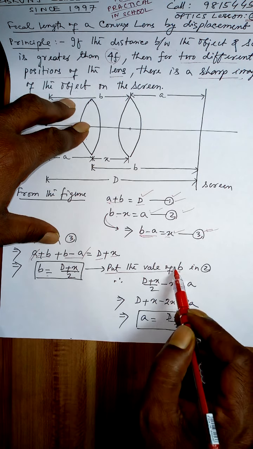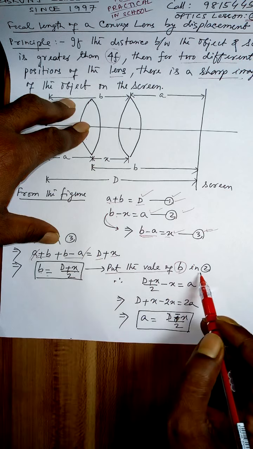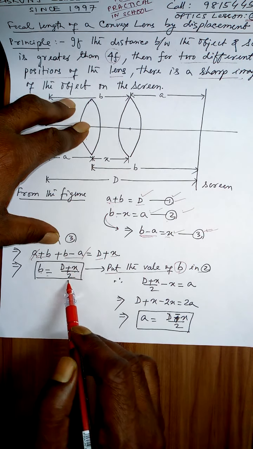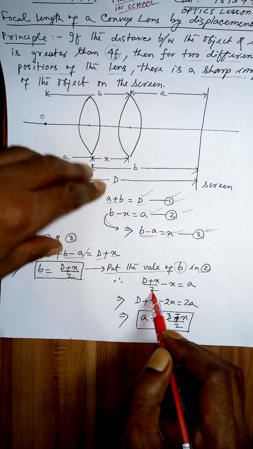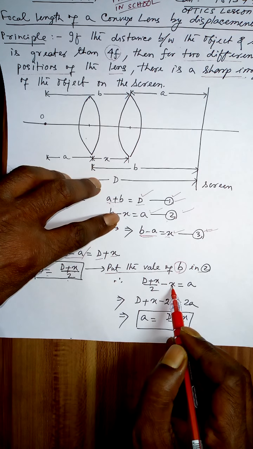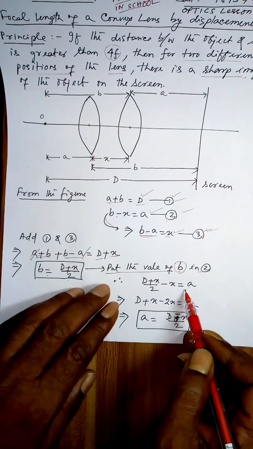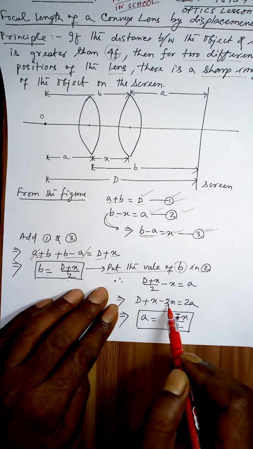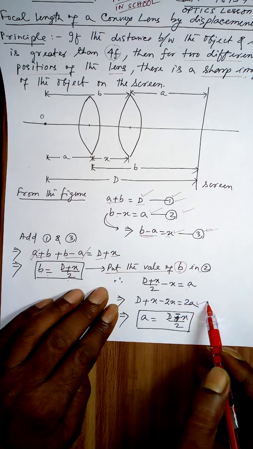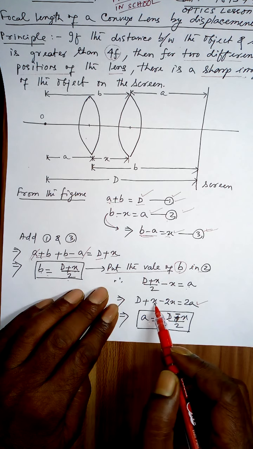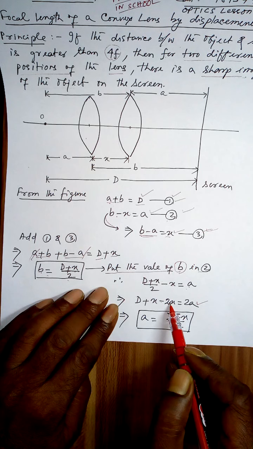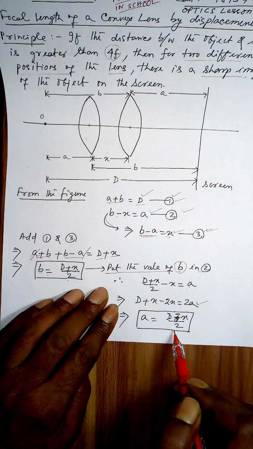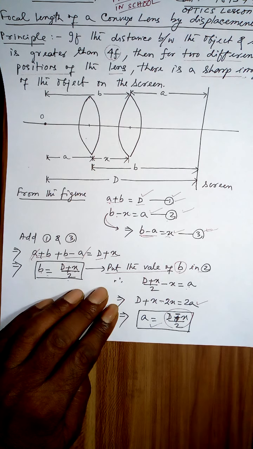Put this value of b in equation 2, so (D plus x) by 2 minus x is equal to a. So take LCM: D plus x minus 2x, 2 comes to this side, becomes 2a. Now x minus 2x is minus x, so (D minus x) over 2 is your a.